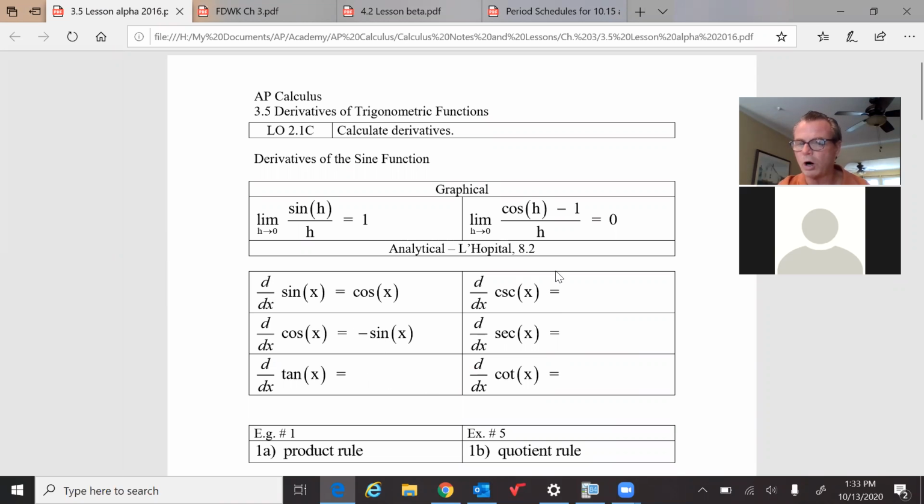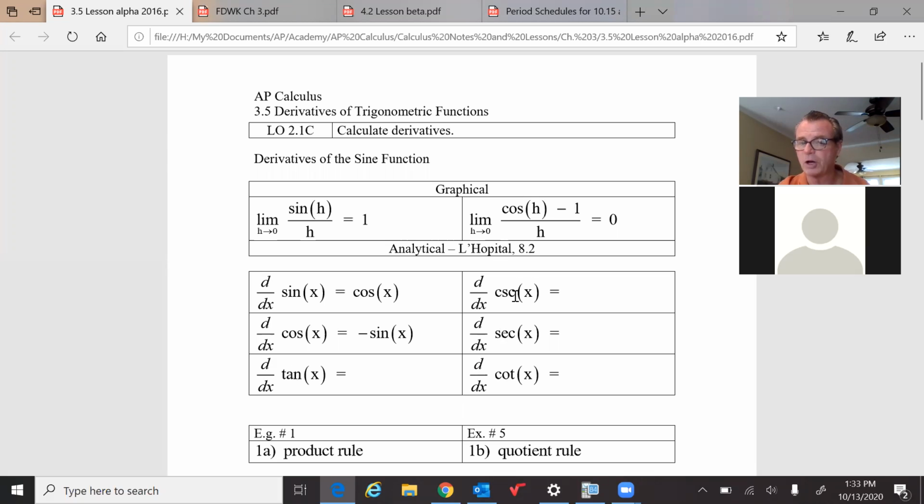The other 4 we can do with the quotient rule now. We can differentiate tangent by saying the derivative of sine divided by cosine. And the way we have this array set up, the reciprocal is across from the pre-image.